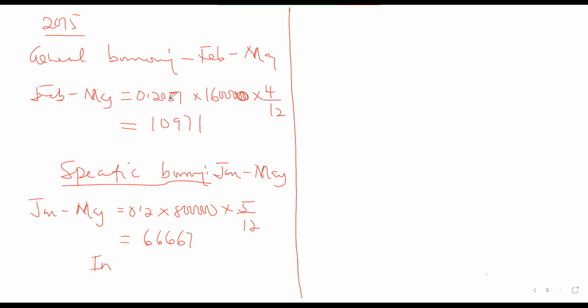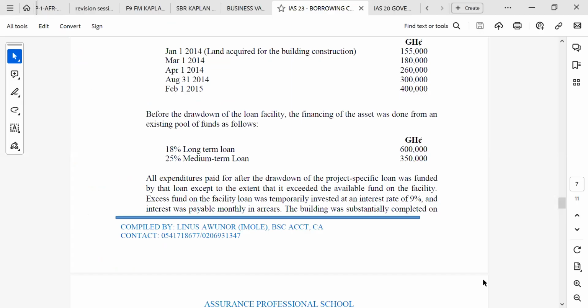Would there be any investment income? Yes. Okay. There will be an investment income on the 240 for only 1 month. Because at the end of 2014, the balance on the specific borrowing account was 240. But the next transfer was made on 1st February.